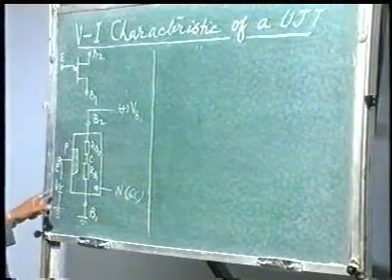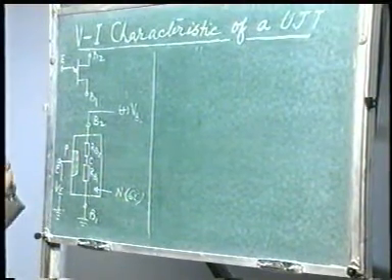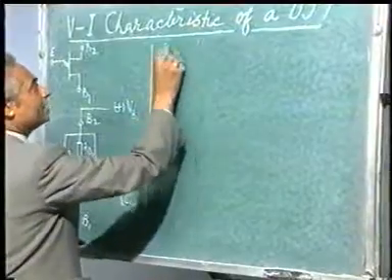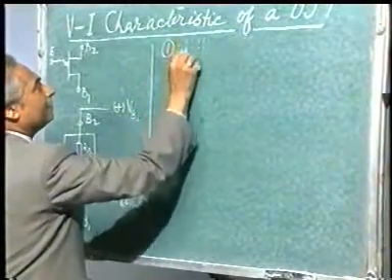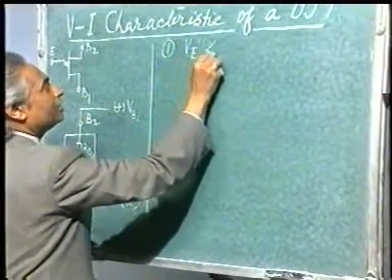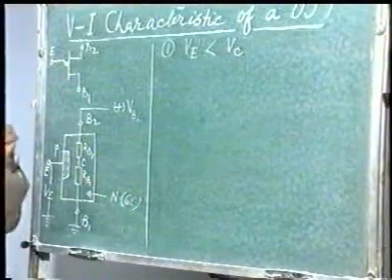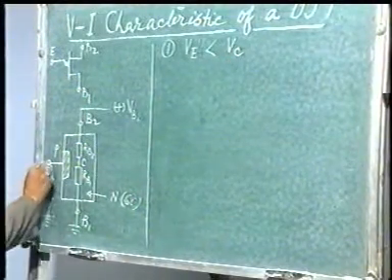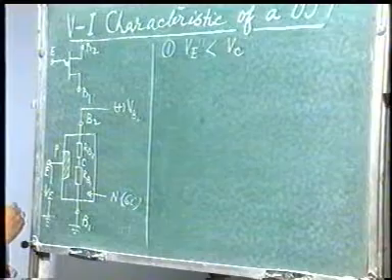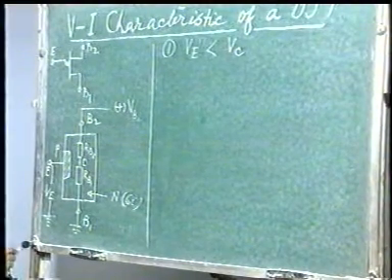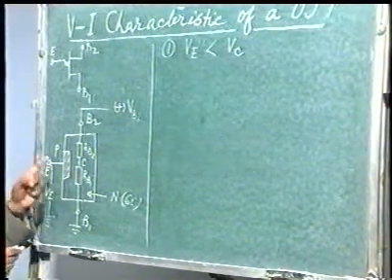I have given a supply externally which is VE. Now there could be two conditions. Condition 1 is when VE is smaller than VC. What is happening now? Since VE is smaller than VC, that means this PN diode is reverse biased and the diode will not conduct.